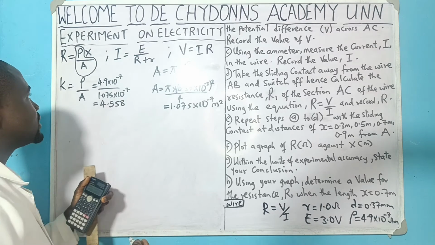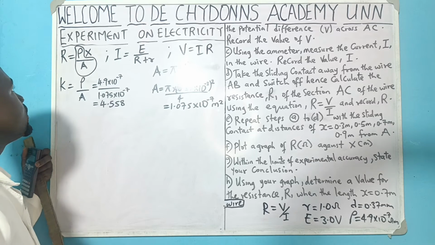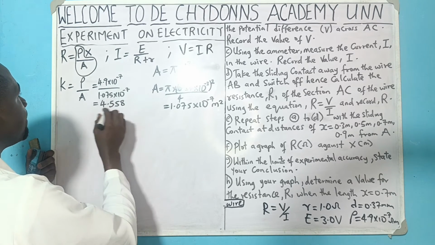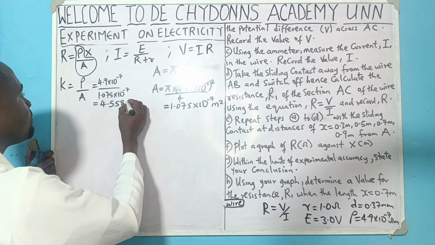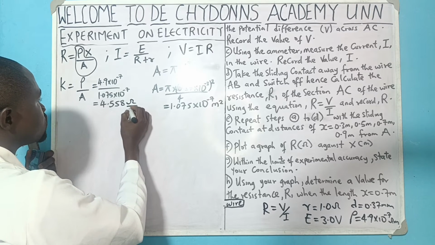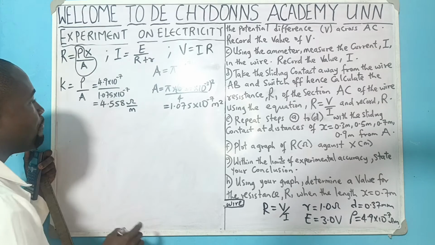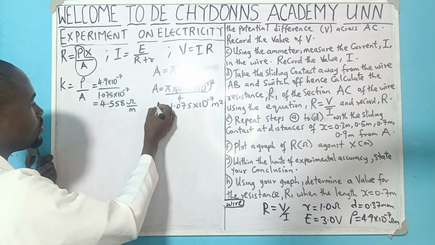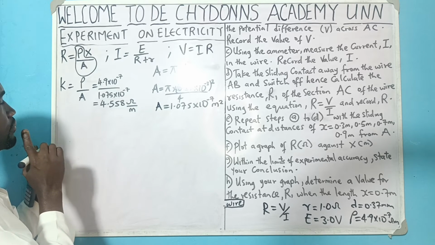That is a constant, and the unit of this constant is ohm per meter.